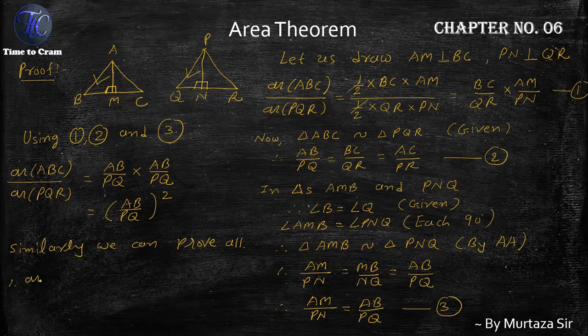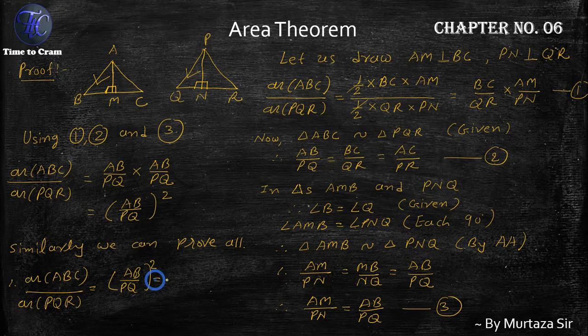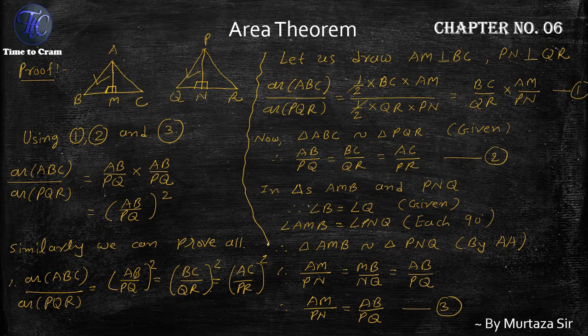Therefore area of ABC upon area of PQR is equal to (AB upon PQ) whole square, equal to (BC upon QR) whole square, equal to (AC upon PR) whole square.